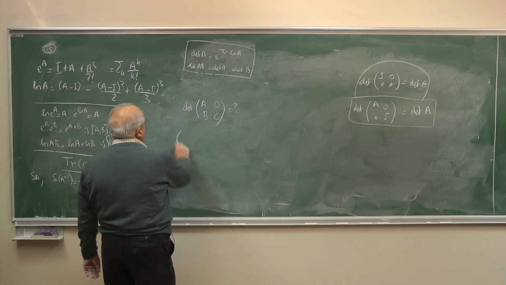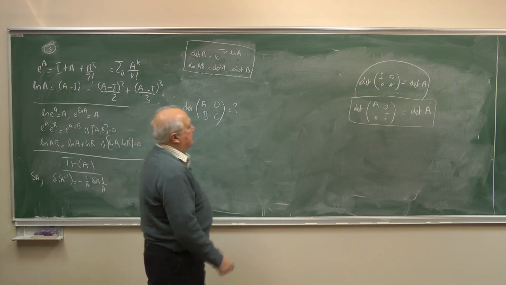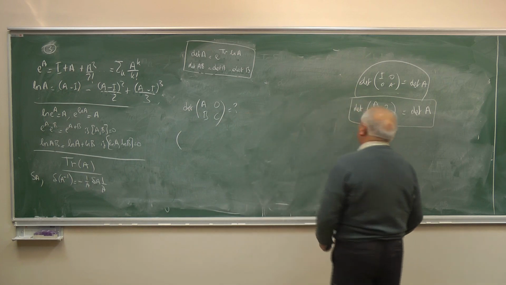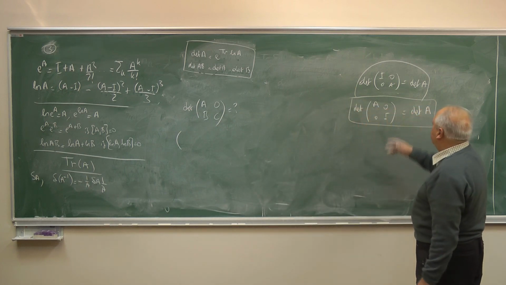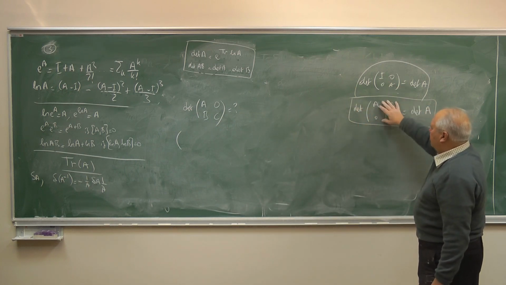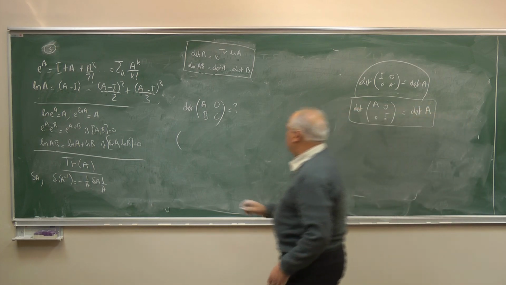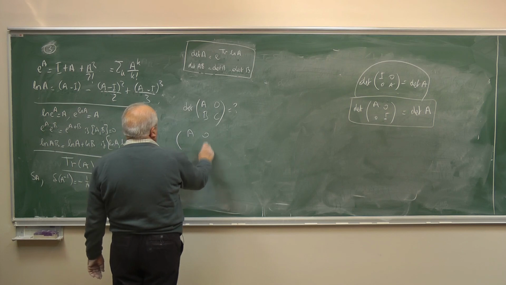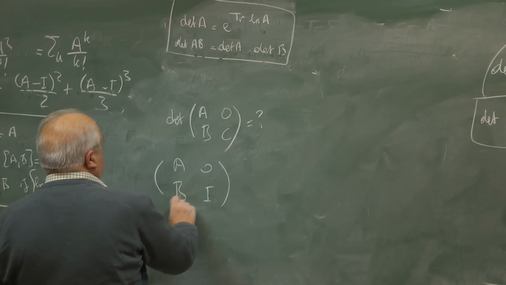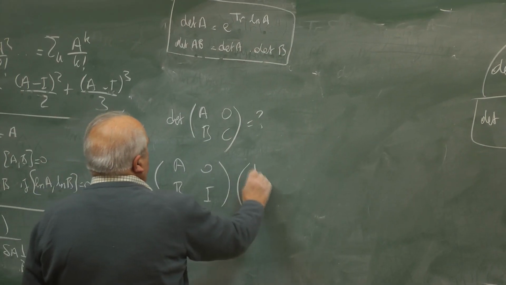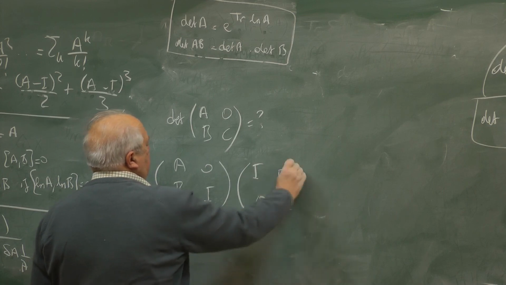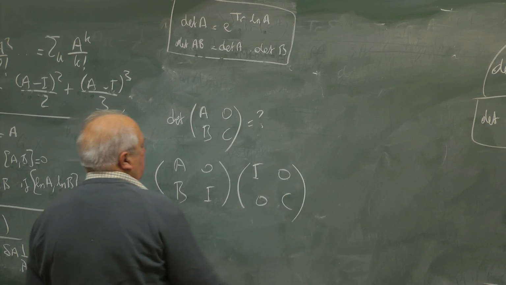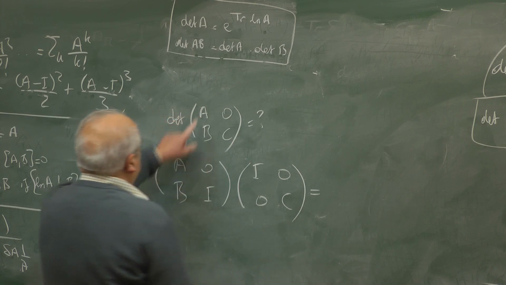So we will try to write these block matrices as much as we can in terms of such matrices. So for example, we can use A, 0, 0, I, let's say B, times I, 0, 0, C. Let's check, does it give A, B, 0, C?